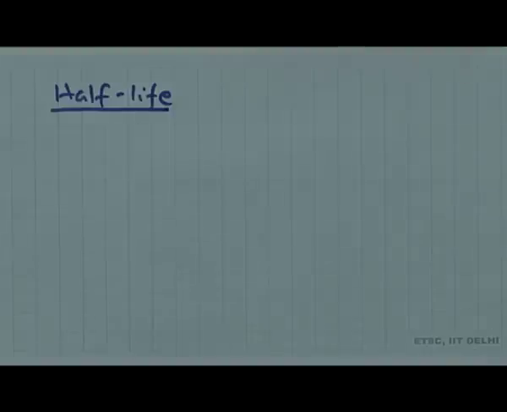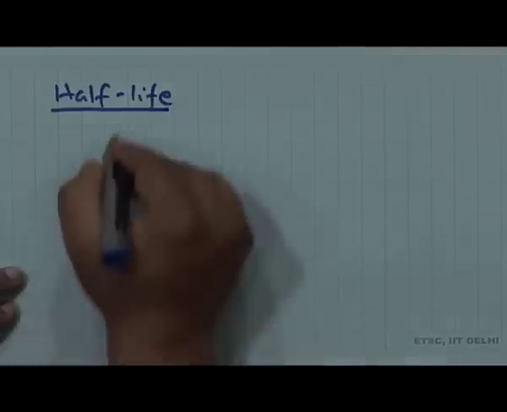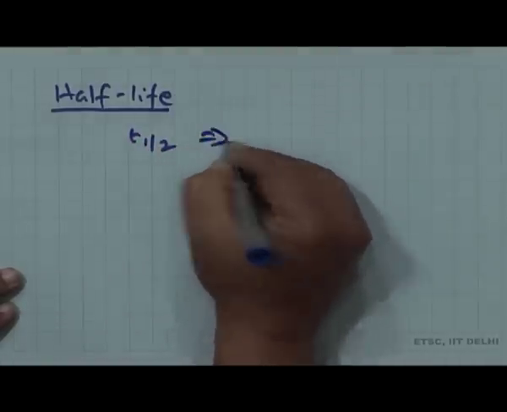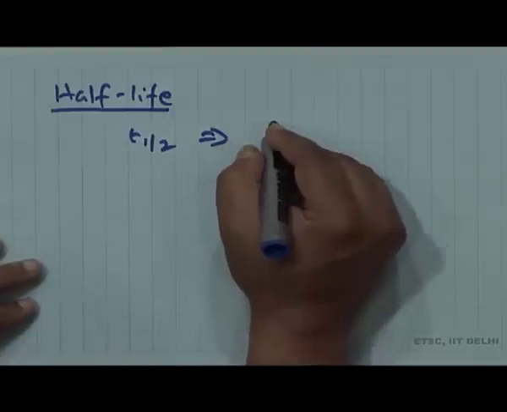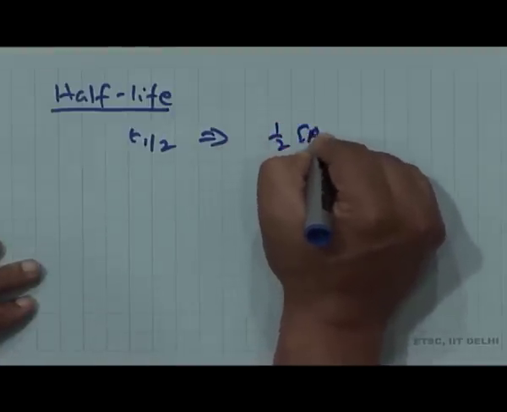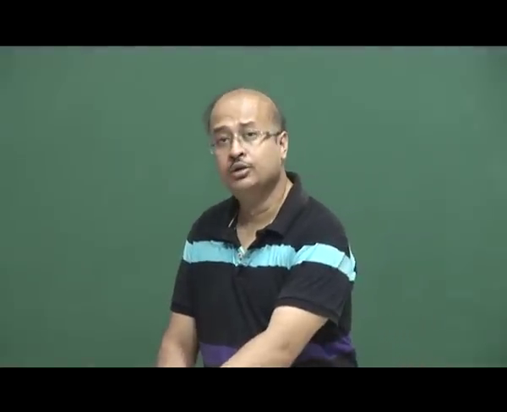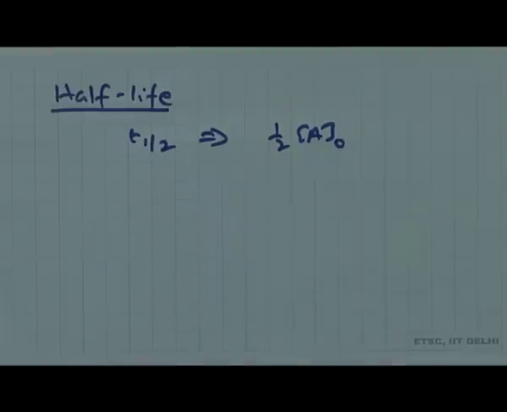When we do this half life, remember what was half life? We said the half life, which is denoted by T half, is where the initial concentration A goes down to half of A naught, right. So, that means you start with initial concentration A naught and the time it takes to go down to exact half of the concentration is your T half. Now, what is the expression for T half? We can again get it multiple ways.